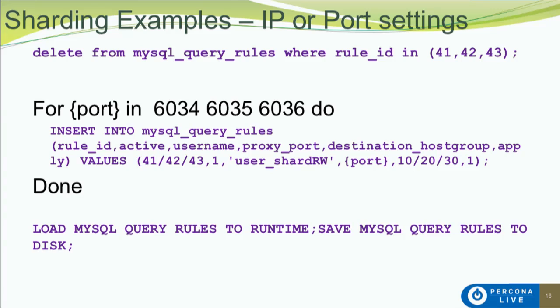And what we will do is mainly, for these 3 query rules, so 41, 42, 43, create the rule to be active, the username will be the user shard read and write, the proxy port is the port in the loop that you want to use, and the host group obviously will be 10, 20, and 30.